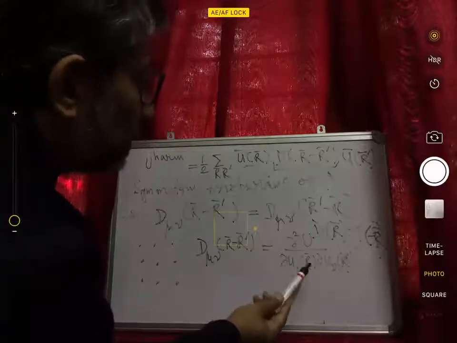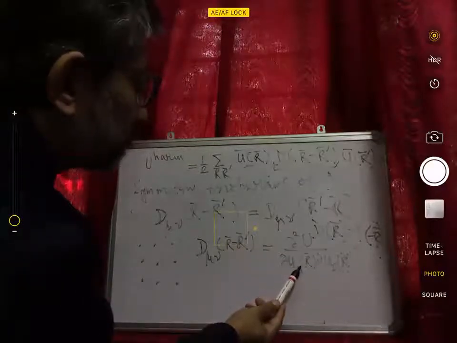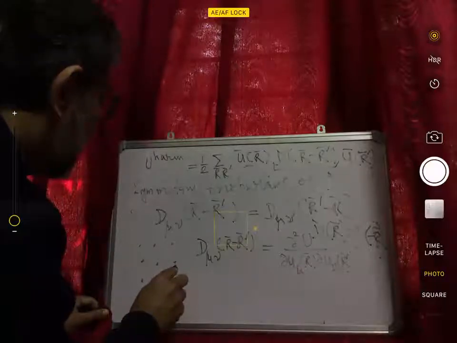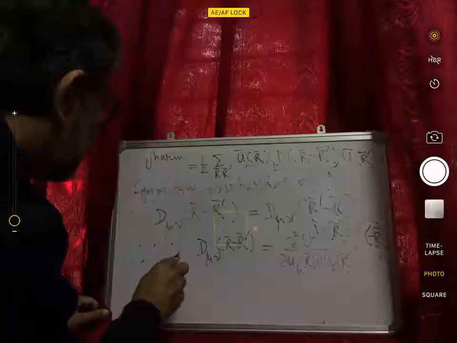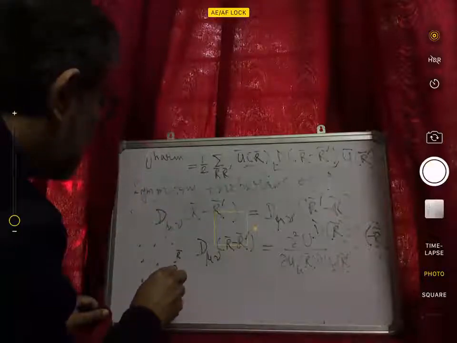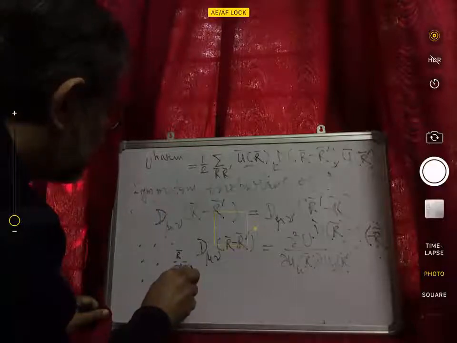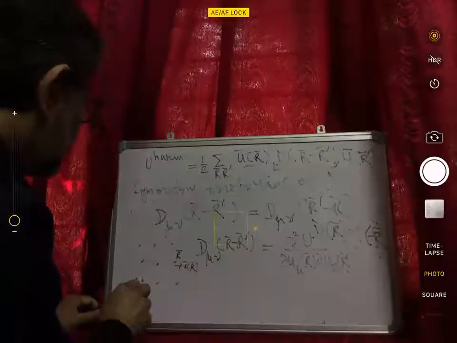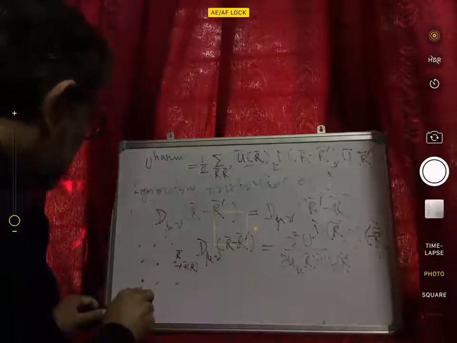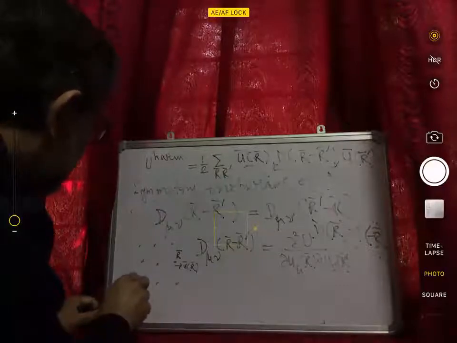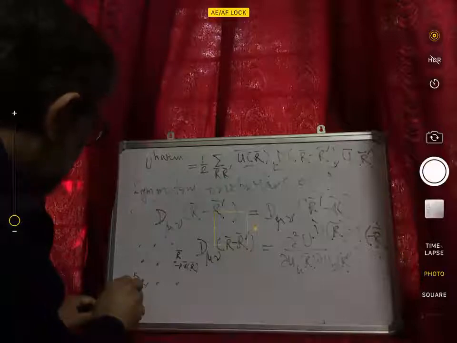Now, given this point, which is, let's say, at R, so if this point is R, and this is some u at R, and say this is R primed, and this is some u at R primed.